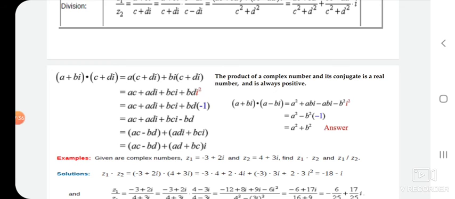AC plus ADi plus BCi minus BD. Then if we collect the real part, it gives AC minus BD plus in bracket AD plus BC into i.